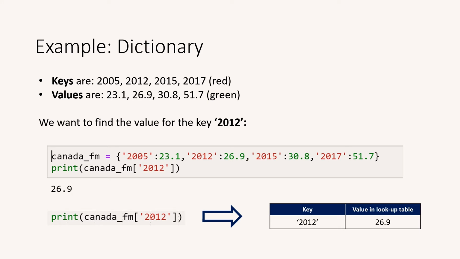If we want to look up, let's say, the percentage of female ministers in 2012, we first call our dictionary name. And after that, because we want the value of 2012, we call for our key 2012. If we print it out, we get 26.9% of the people were female ministers. So in this dictionary, the year is the key and the percentage of female ministers is the value.